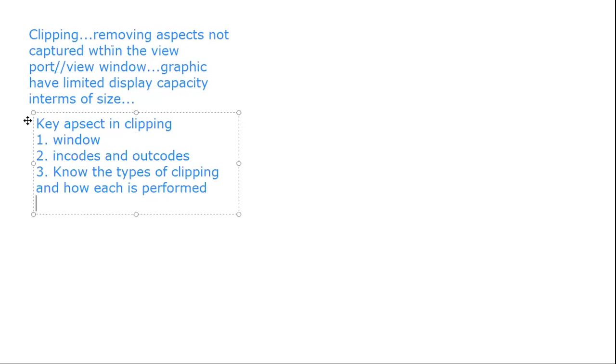And then fourthly, we shall discuss the algorithms as used in clipping. So that's the first thing which we need to understand. What is clipping? How is it applied? What are the key aspects involved in clipping?